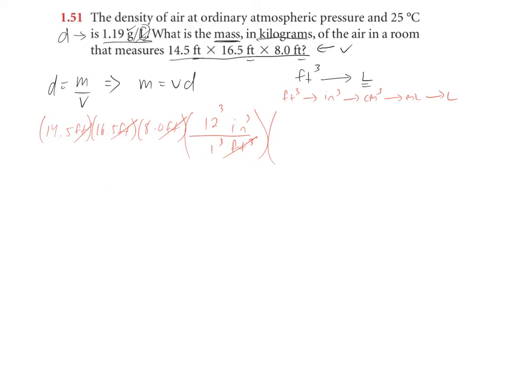Okay, so now I want to get rid of cubic inches. I want to get to centimeters because of the centimeters here. We have 2.54 centimeters for every 1 inch. But since I want cubic inches, I cube everything.